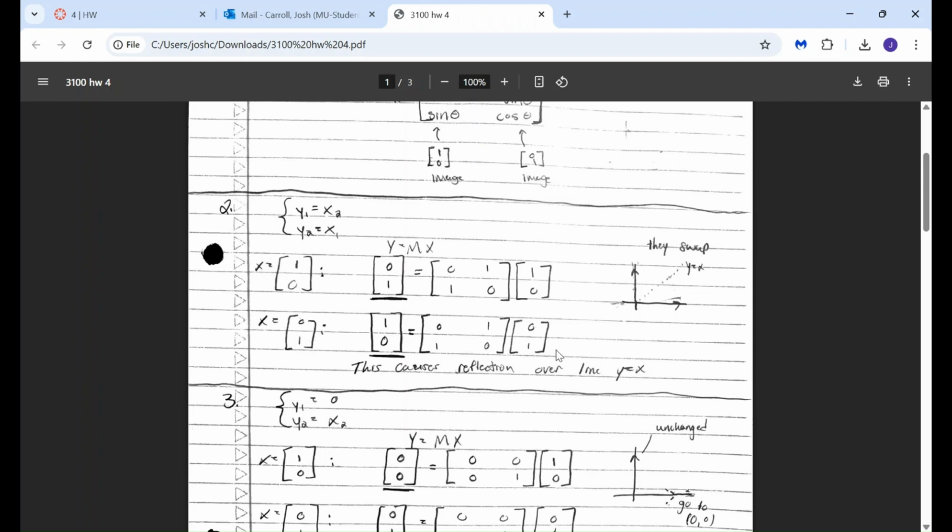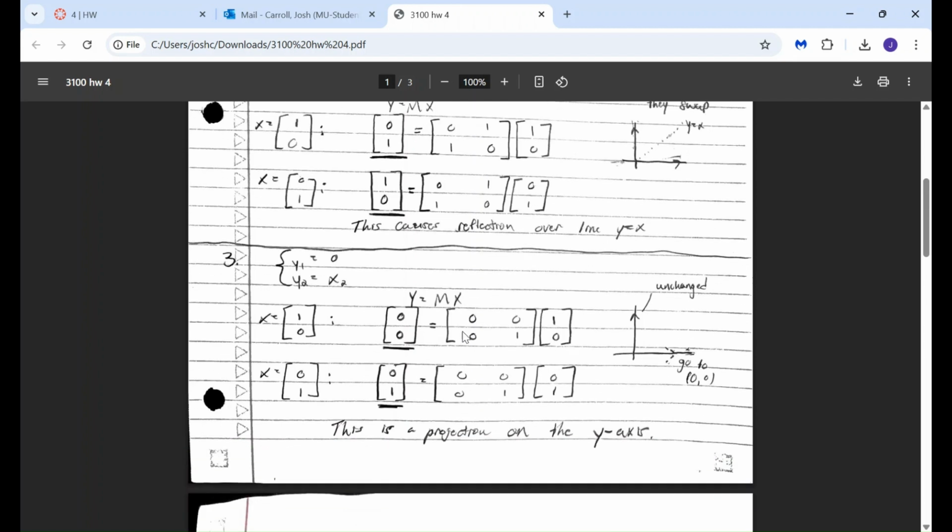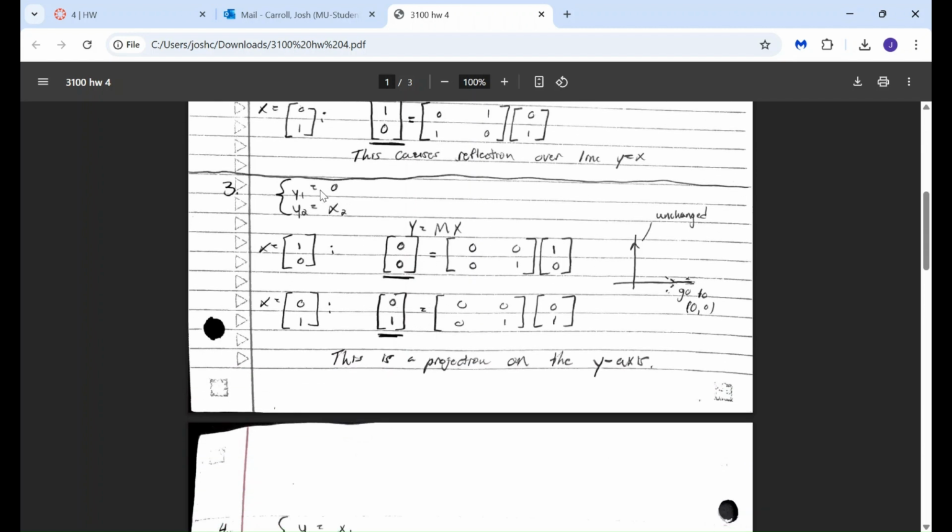And this is a reflection over the line y equals x. So basically this line here goes there, and this line that starts here ends here because they flip over this 45-degree line.